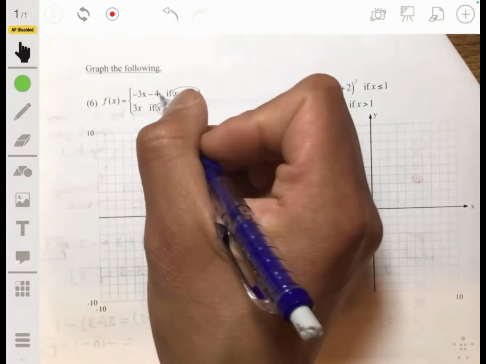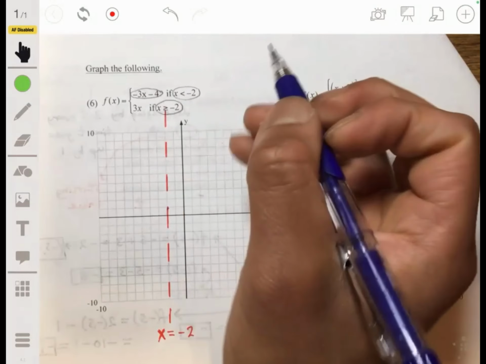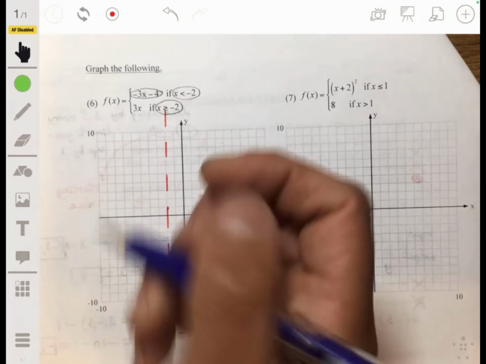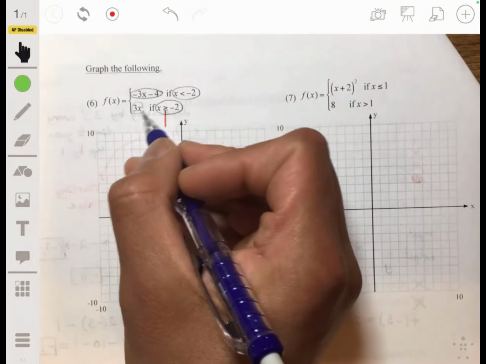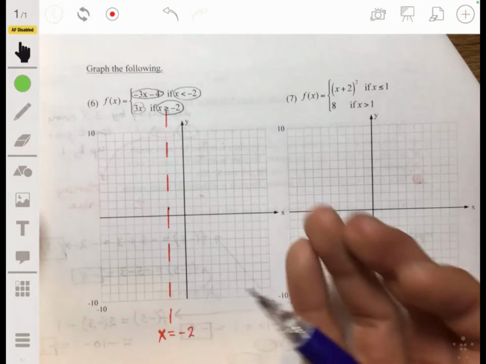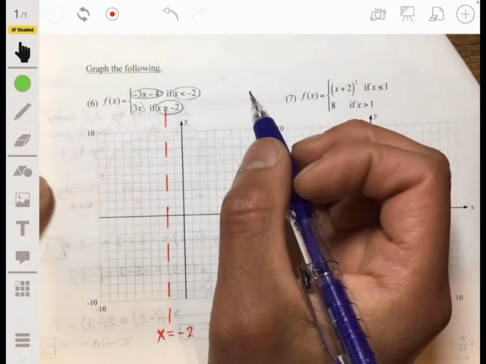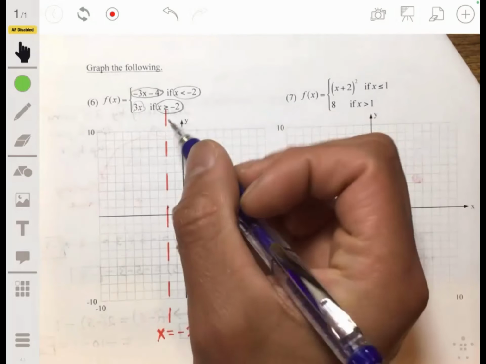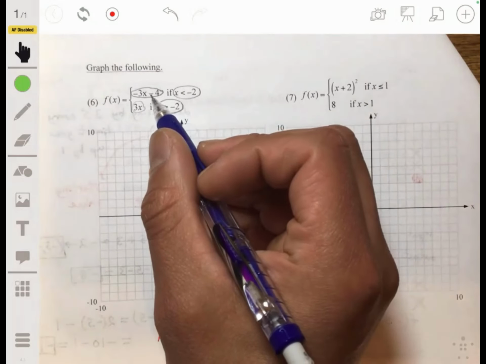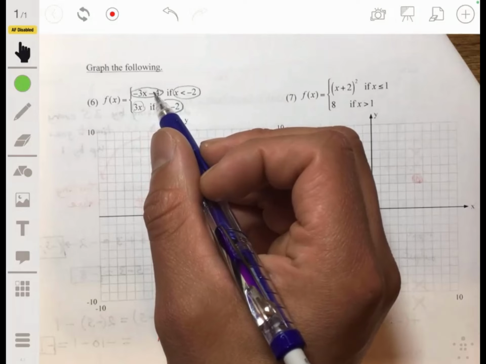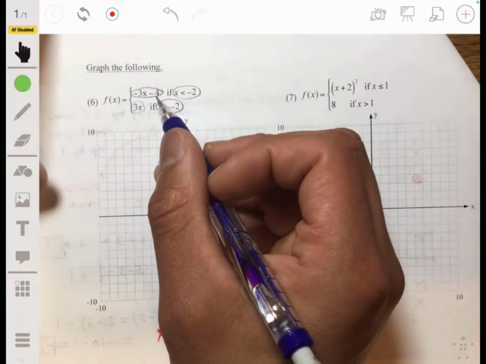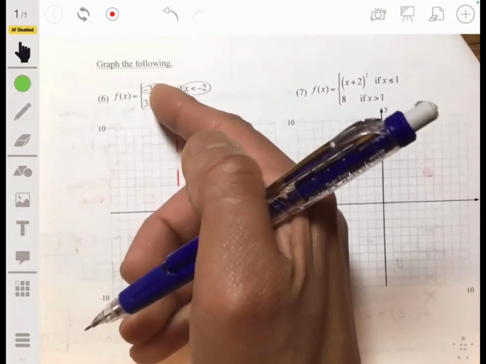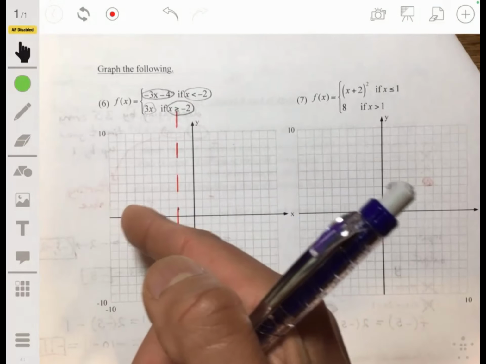And what you're going to do is graph this expression to the left of negative 2. And then you're going to graph this expression to the right of negative 2. Now, you can always use your understanding of slope-intercept form and all that, but in case you're paranoid about making a mistake, just plug in a number and then calculate. So plug in any of these numbers to the left here.